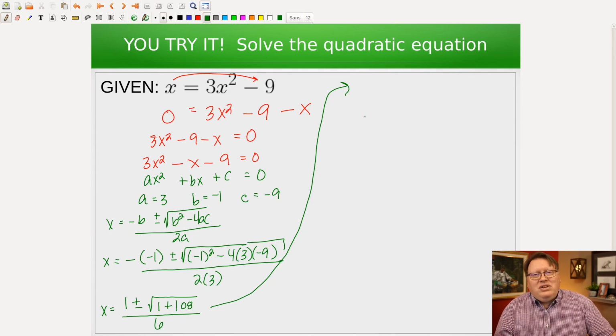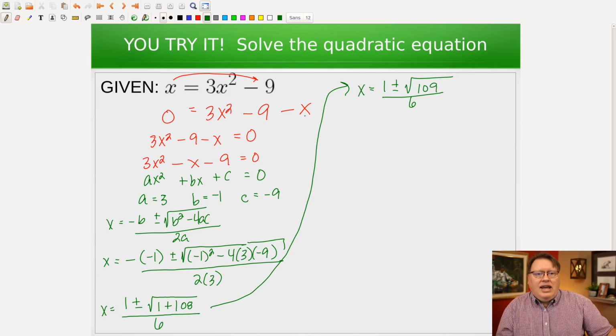Can we simplify this? We have 1 plus or minus the square root of 109 divided by 6. I don't think 109 can be factored. If I'm not mistaken, it's prime, and you can correct me if that's not the case in the comments on this video. But for now, we're going to say we're done.